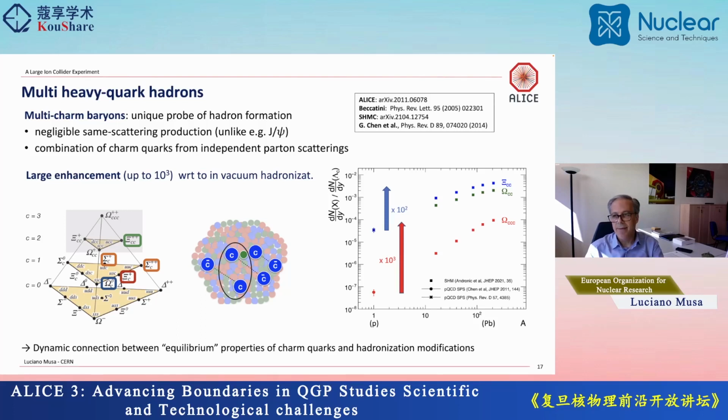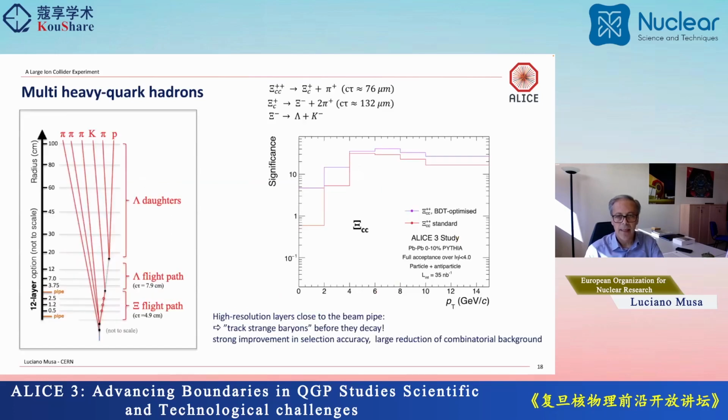So this is a really very large dynamic range, dramatic values, and therefore the observation and precise quantification of such effects would really represent a quantum jump for the study of the properties of the deconfined matter.